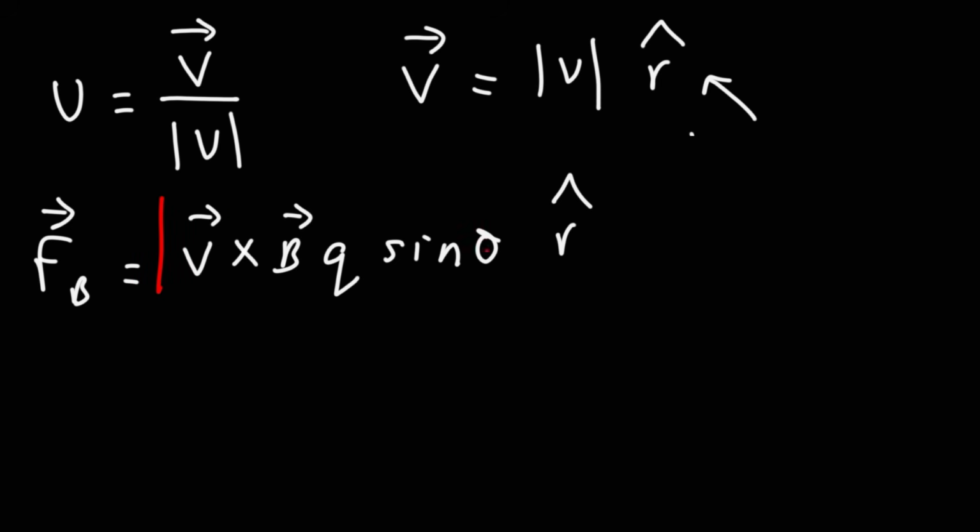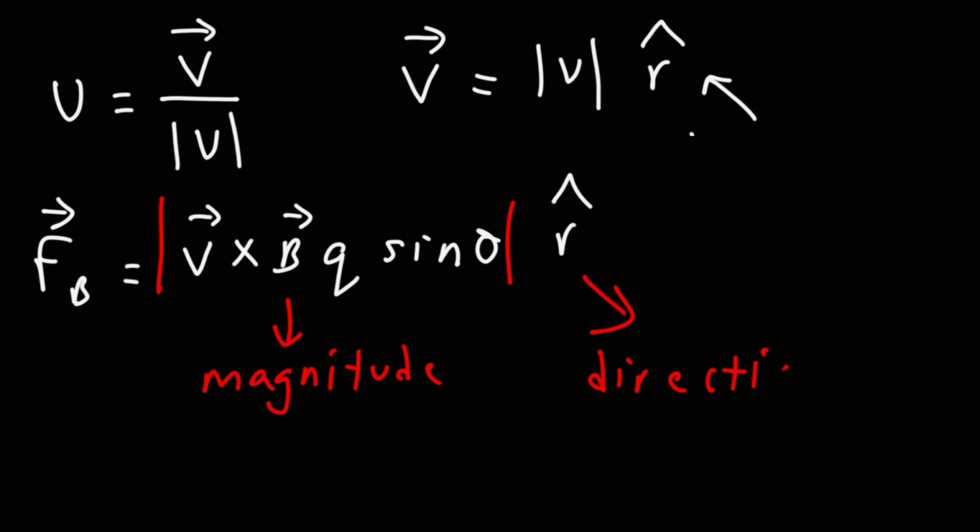So this here represents the magnitude of the magnetic force on the moving charge. And this part here gives you the direction of that vector. Anytime you take the magnitude of a vector and you multiply it by its unit vector, you're going to get the value of that vector with both magnitude and direction included.